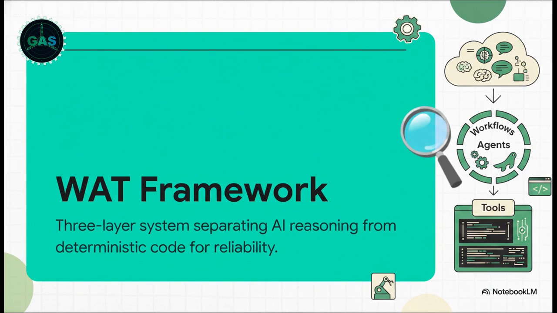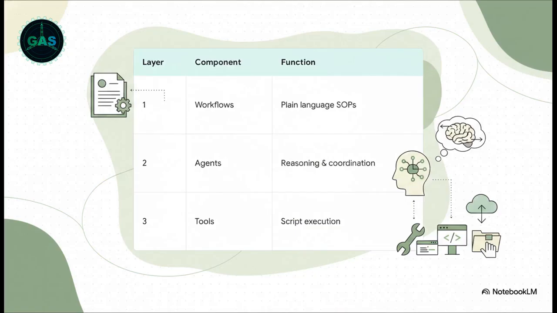Watt stands for Workflows, Agents, and Tools. This is a 3-layer system designed to completely separate the AI's probabilistic reasoning from the actual deterministic, hard-coded execution. Basically, the Watt framework ensures your automation doesn't hallucinate by keeping the plain language instructions strictly separate from the execution steps.